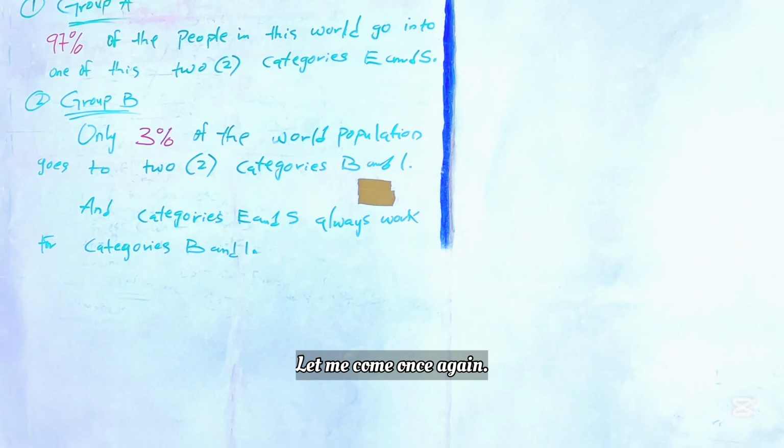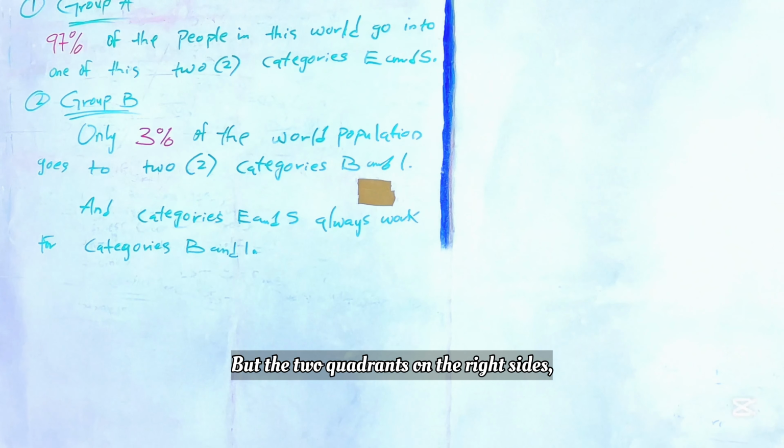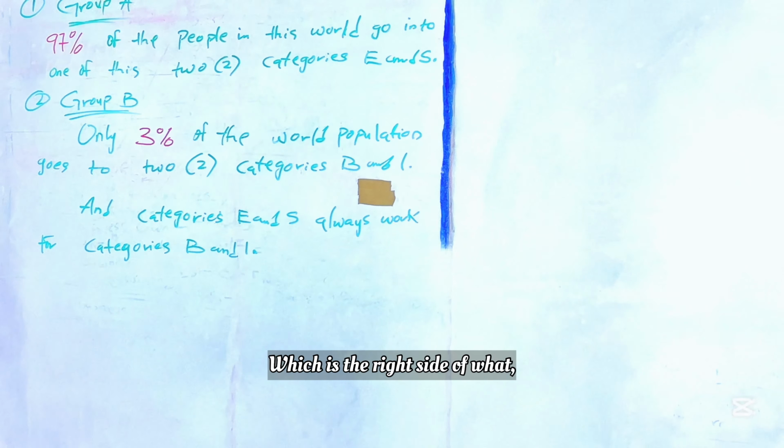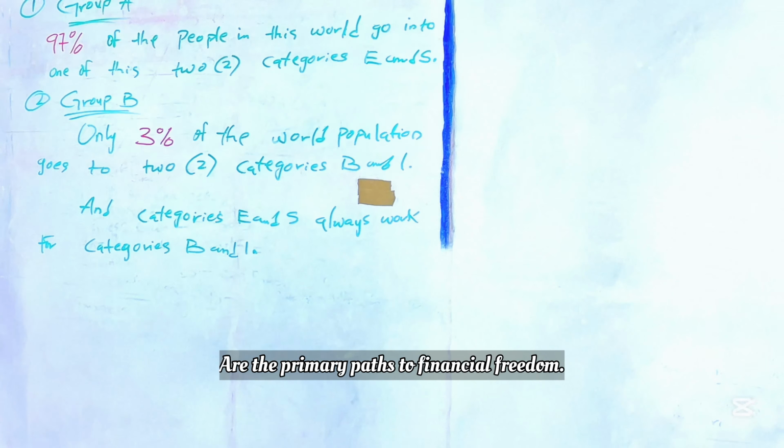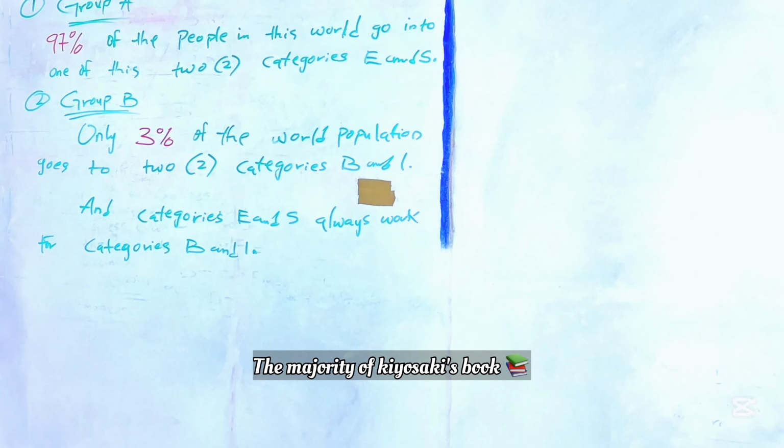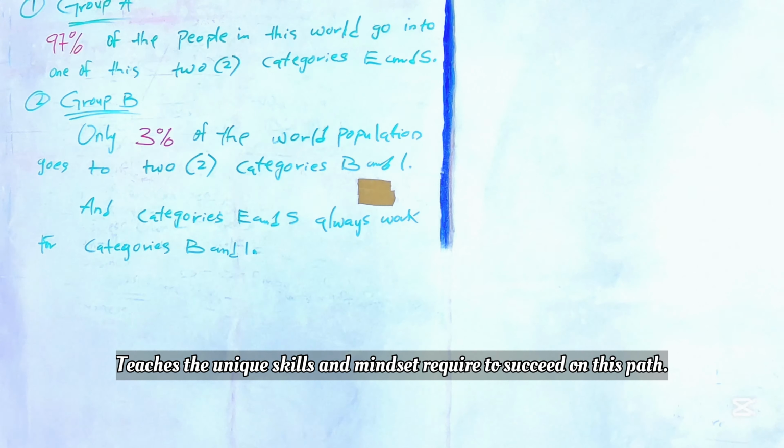Let me say it once again: the two quadrants on the right side, big business owner and investor, are the primary paths to financial freedom.